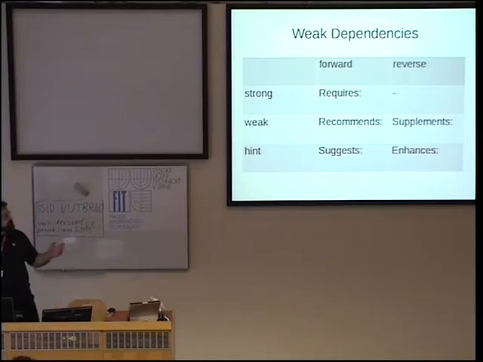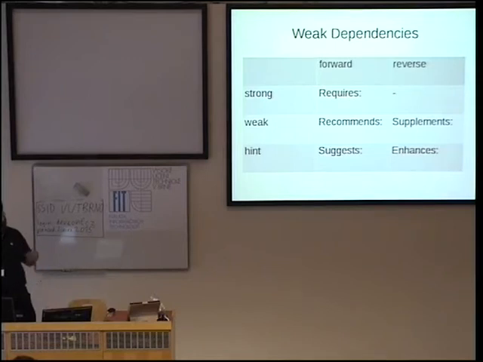There are basically three tiers, or strengths, of requirements. There are the classical requirements, which have to be fulfilled. Then there are weak requirements, which are recommends and supplements, which right now are basically treated like normal requirements, but can be broken without creating an error.